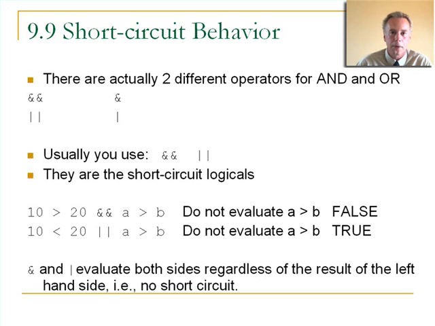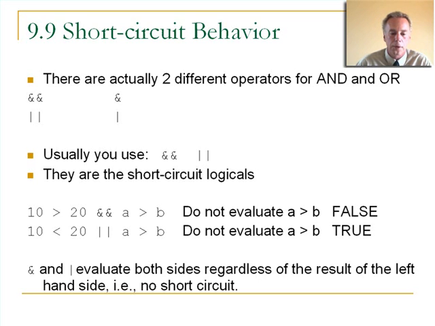Similarly for OR, there's another operator with 1 vertical bar. Usually you would use the ones that I introduced first, the double ampersand and the double bars. And I'll explain now why there are 2.